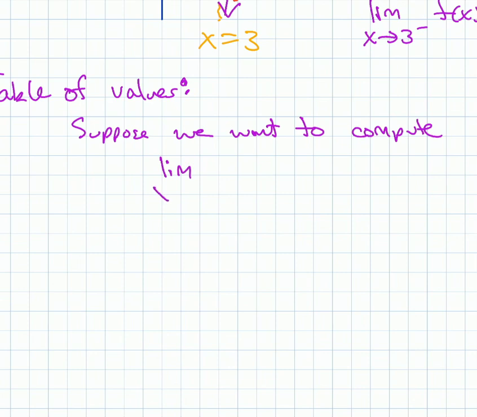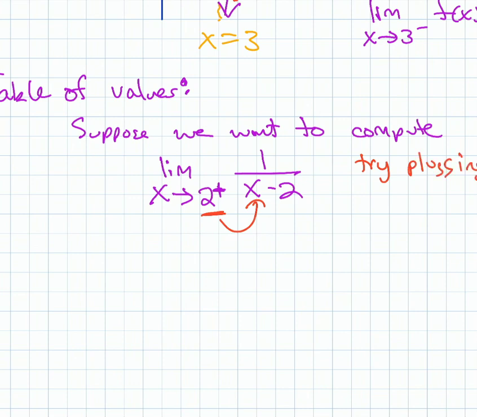This one: the limit as x goes to 2 from the right-hand side of 1 over x minus 2. Think about how to evaluate this based on what you know right now. You would probably try to plug the 2 in for the x. So you try plugging in 2.